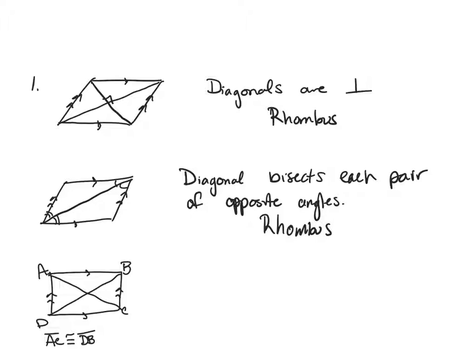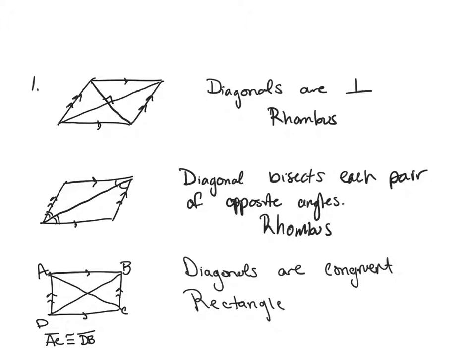So when a diagonal bisects the pairs of opposite angles, you can say, hey, this also is a rhombus, right? And so the last thing, when I look at diagonals, if the diagonals are congruent, you can say that I have a rectangle when that happens.